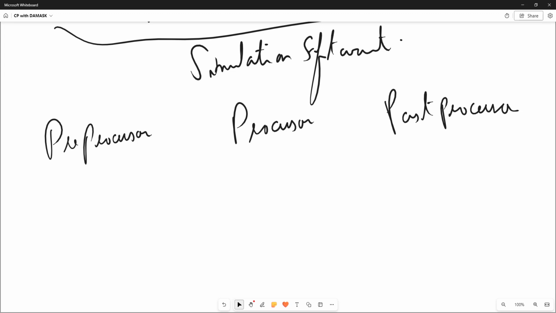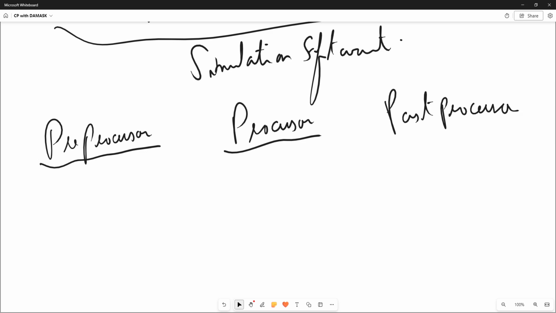Okay, so in pre-processing, we define everything that is required for simulation. These are all the inputs, right? Processing is how these equations will be solved. So the mathematical basis or the solver part of it. So how these equations will be solved, how frequently, how much, when will we consider these equations to be solved, or when we will consider the equilibrium to be reached, and things like this.